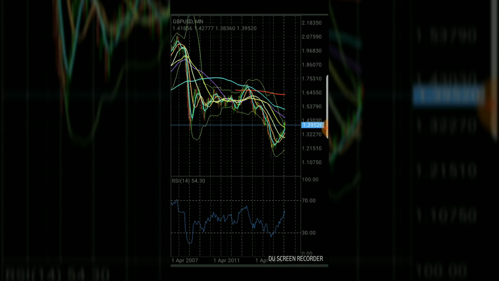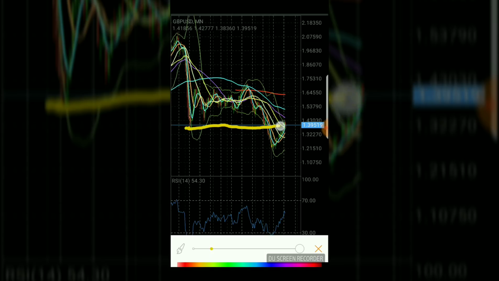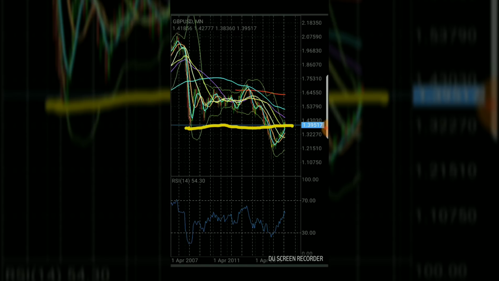If I were to draw a line on this chart, let me grab a yellow color here, and right there, draw a line straight across. That is where the bottom has been, the lowest bottom. And if I draw a line right here, that's kind of where we're at.